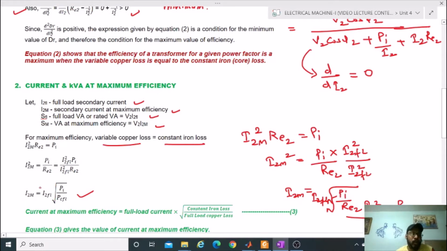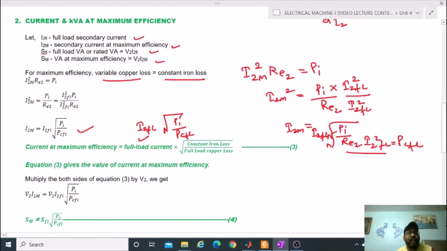So the current at which maximum efficiency occurs will be equal to the full load current I2FL into the square root of constant iron losses divided by full load copper losses.